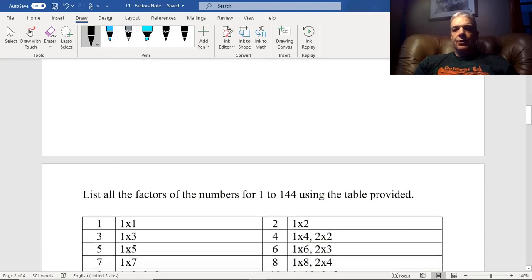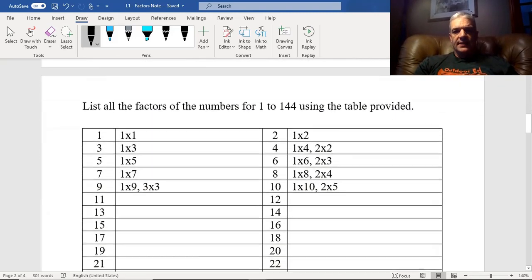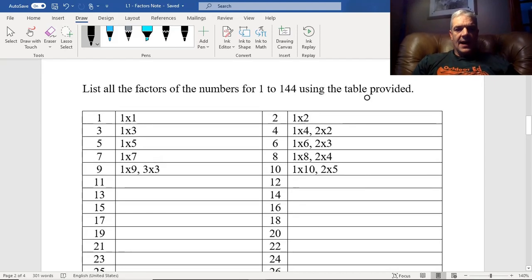So what I like to do for kids is ask them to complete a table that shows all the factors of all the numbers all the way up to 144. I've completed the start of this here by listing the factors of all the numbers 1 through 9, and I'm leaving you room to fill in yours.